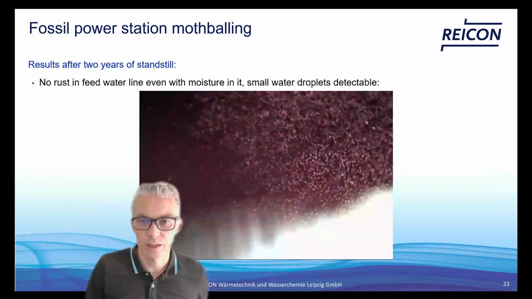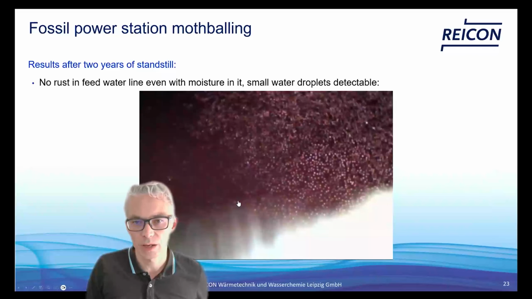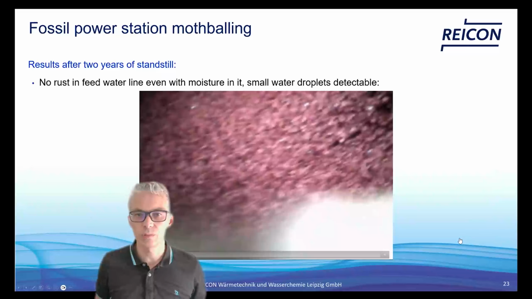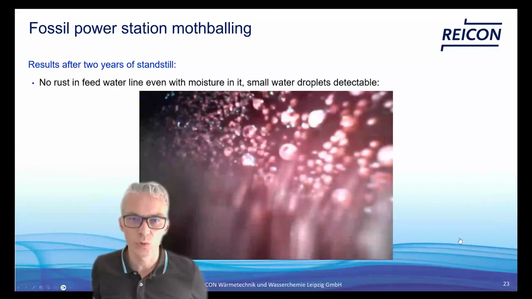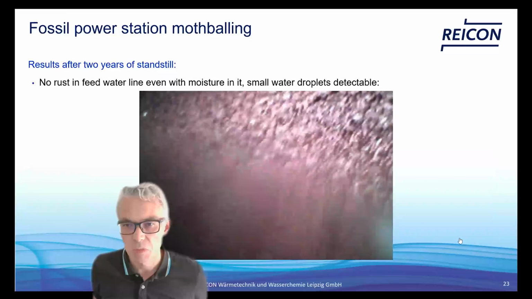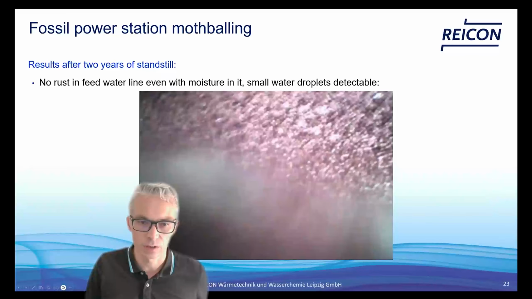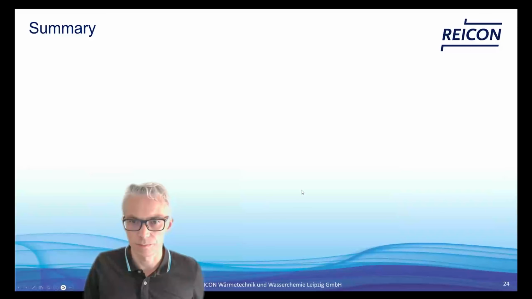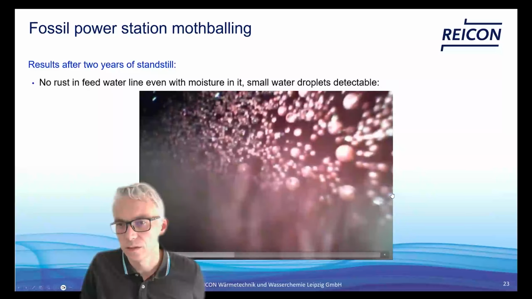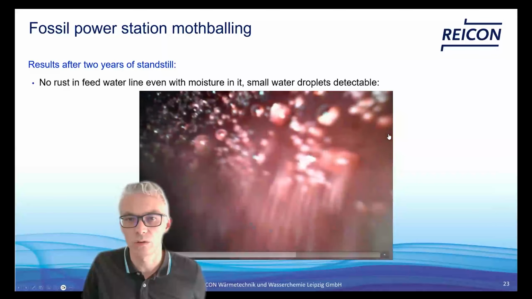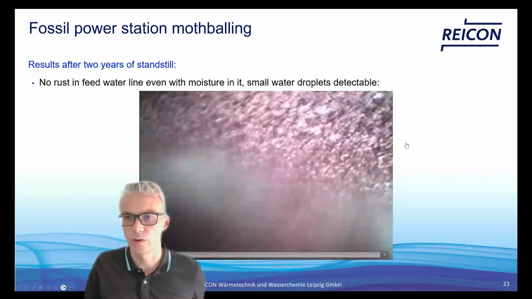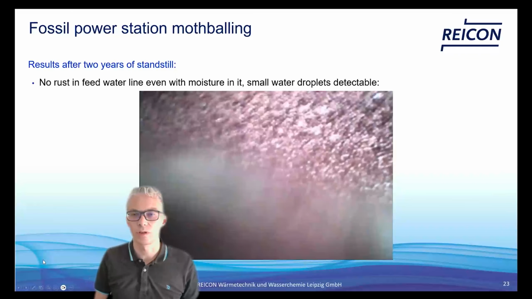And here you can see a short video done by endoscopy into the feed water system. You can still see after 2 years there are moisture and droplets inside, but all these are spherical droplets, so no rust, no corrosion signs, which showed a very good and protective surface.